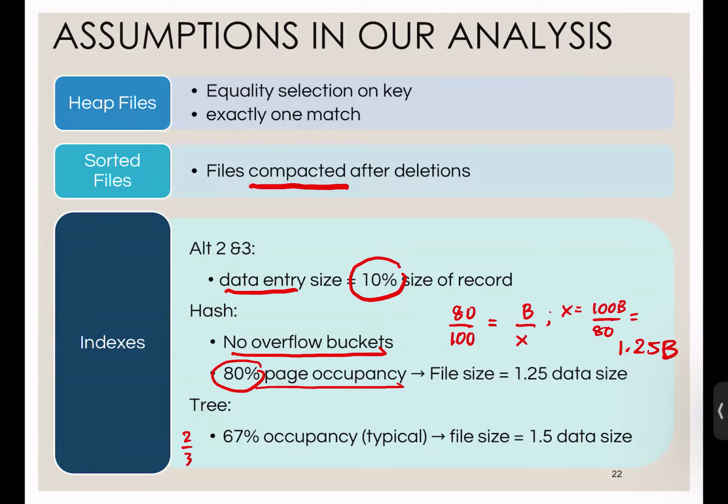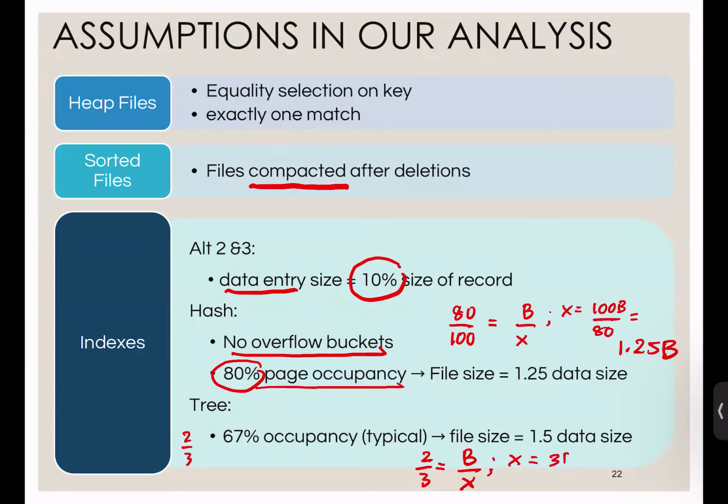Okay. So if we want to figure out the file size, if we allow only 67% or 2/3 full, and we originally have B pages to take care of, how many pages in total do we need?